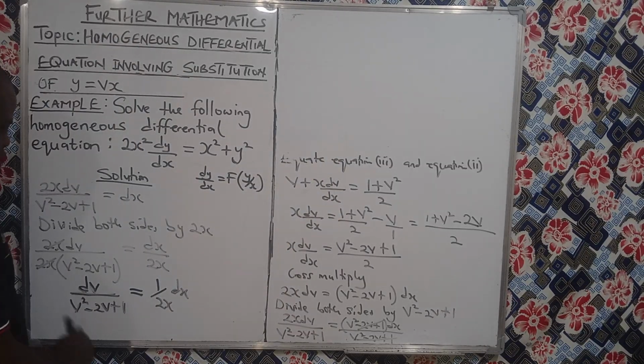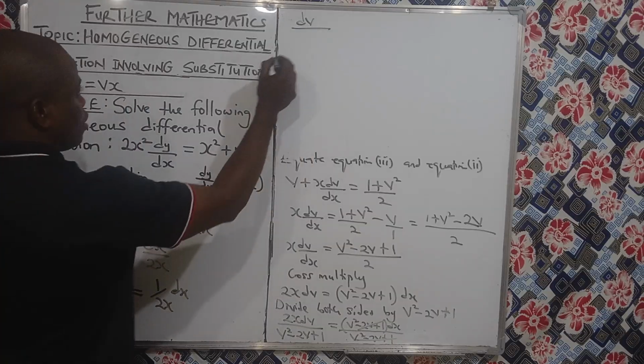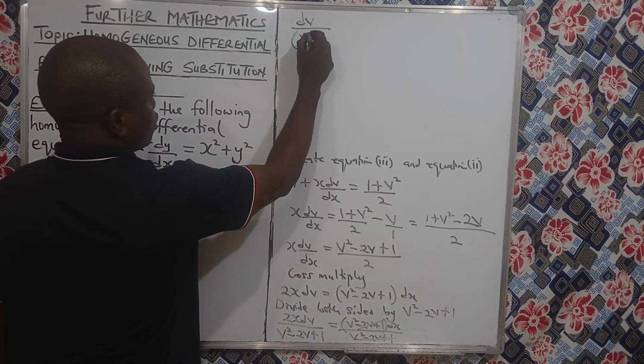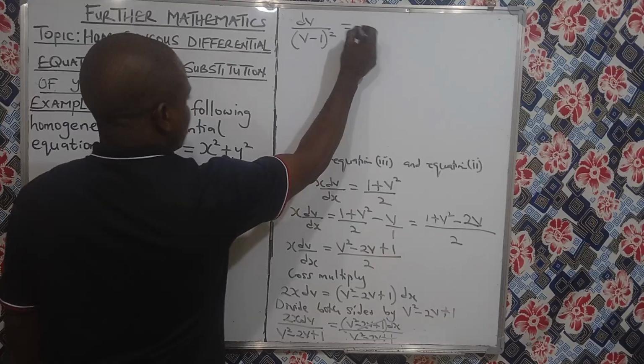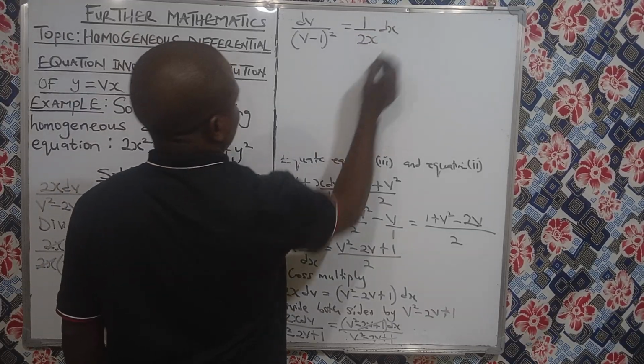Now go back, say dv over (v minus 1) squared equals 1 over 2x dx.